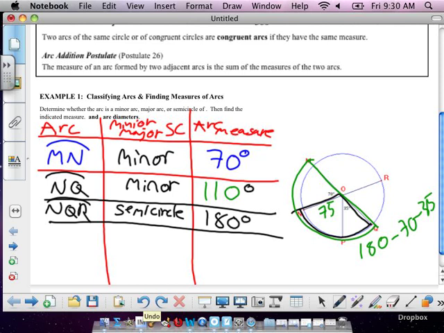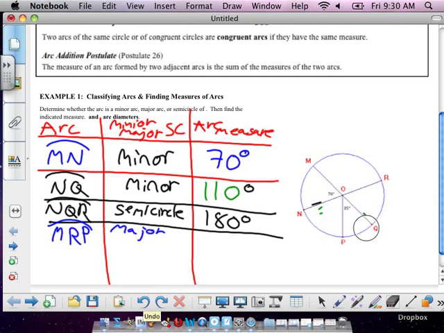Okay, our next one is arc MRP. M to R to P would be major. Okay, I like to draw it on here so I know what we're talking about. MRP is a major arc.